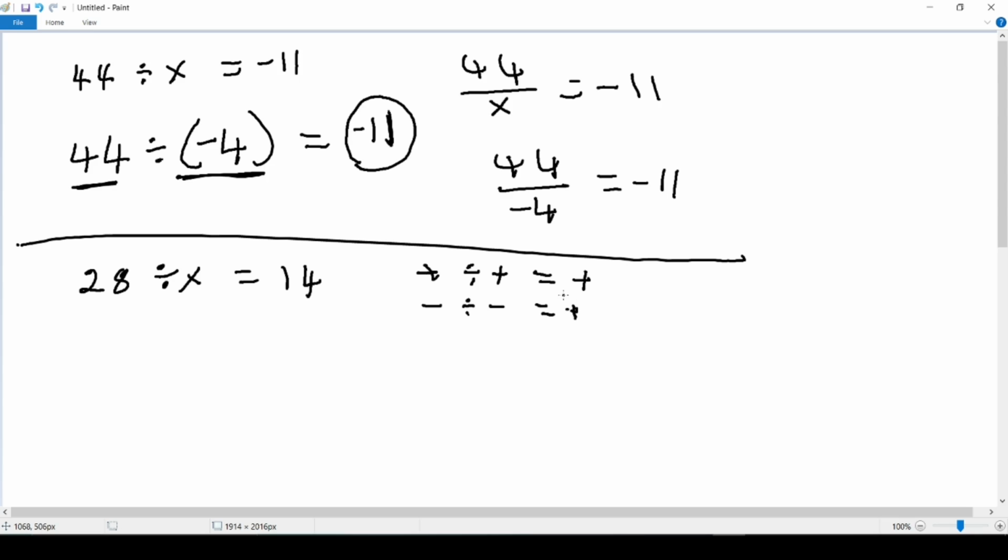In this case, we have one number and we know it is positive. So in order for the result to be positive, the second number should also be positive. And 28 divided by what number gives us 14? The answer is 2. So 28 divided by 2 equals 14.